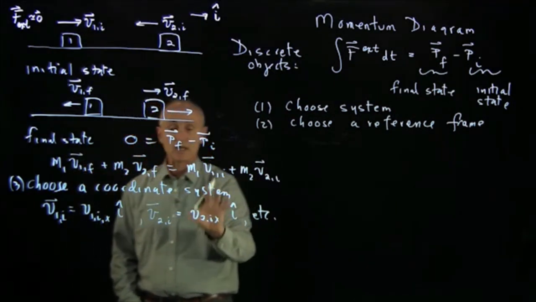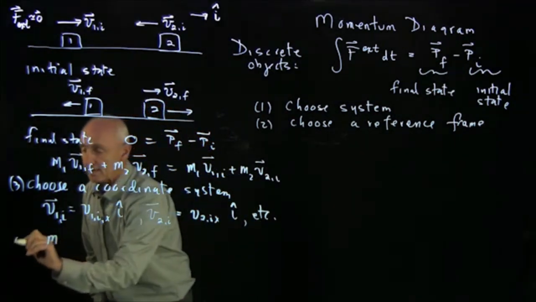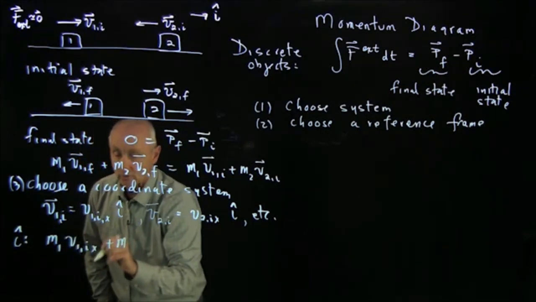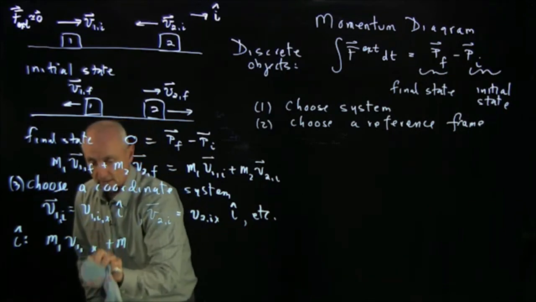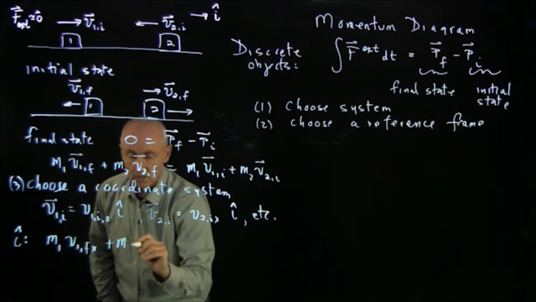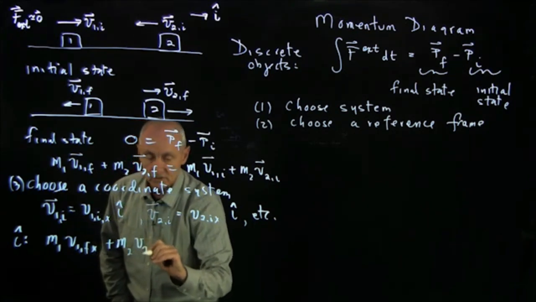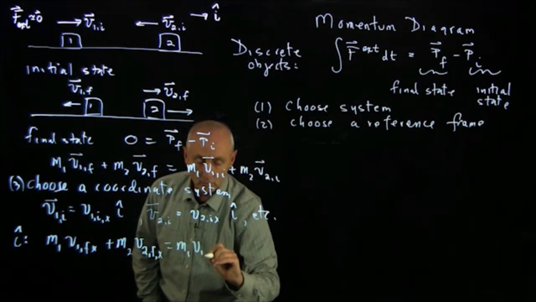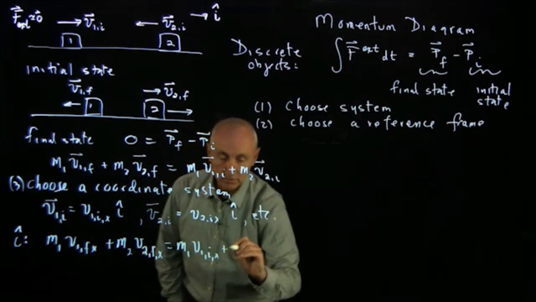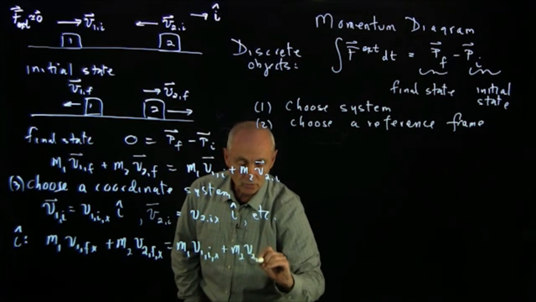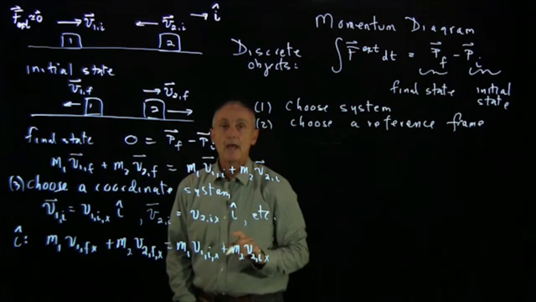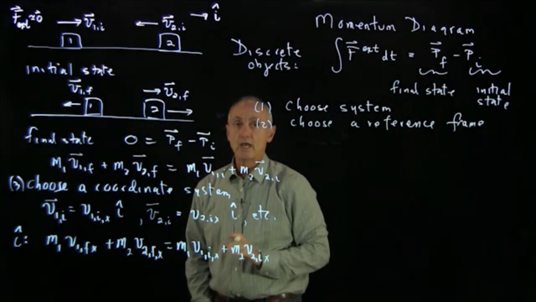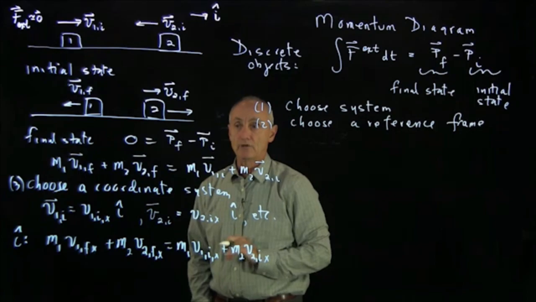Our momentum equation in components then becomes, in the i hat direction, m1 v1 final x plus m2 v2 final x equals m1 v1 initial x plus m2 v2 initial x. And that's the same equation that we have as vectors, now expressed in terms of components. And recall that components can be positive or negative.